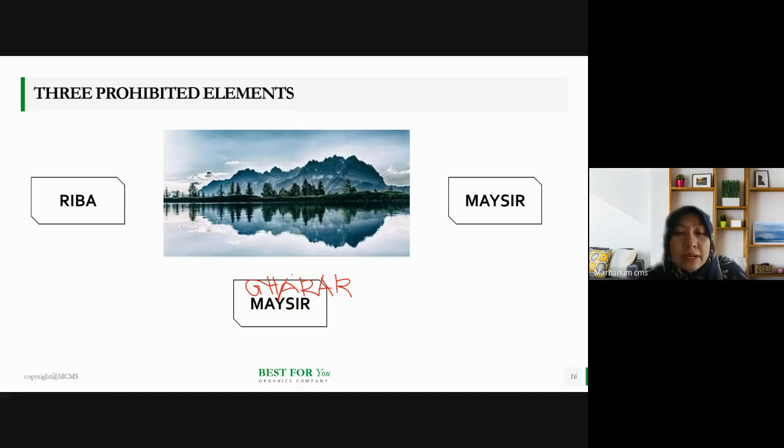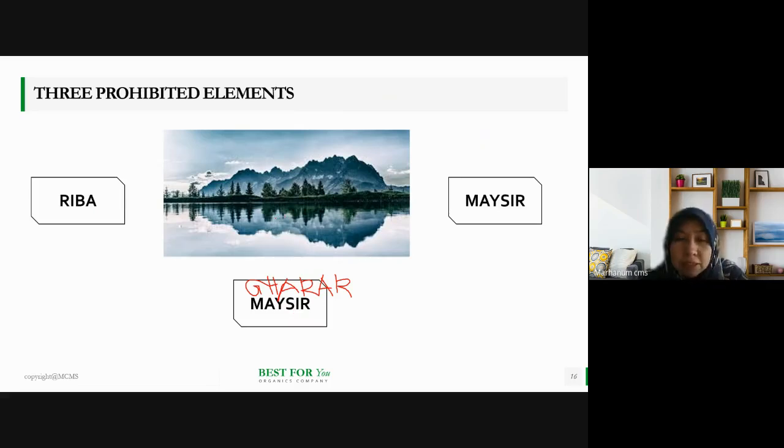So it is gharar, uncertainty, whether the policyholder will incur all the listed risks or not, or any of them, such as death, when, and how it happens. So that is the element of uncertainty in conventional insurance.